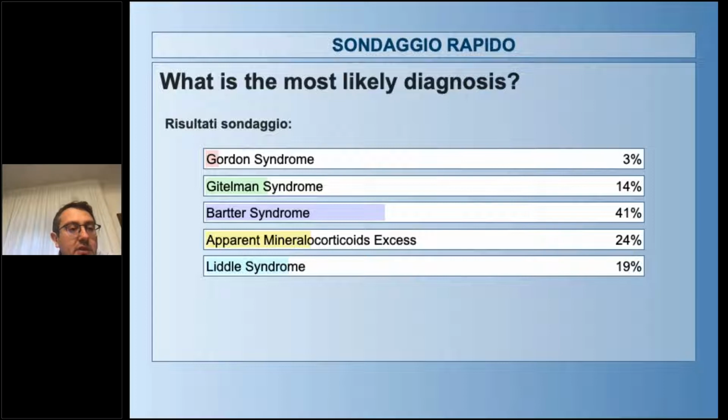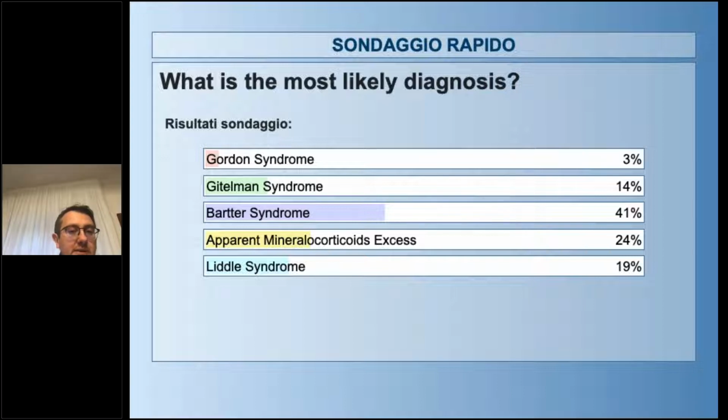Okay, the majority of you is for Bartter syndrome or apparent mineralocorticoid excess or Liddle syndrome. These all three are associated with hypokalemia and metabolic alkalosis. Also the Gitelman syndrome, of course, but usually Gitelman syndrome and Liddle syndrome are diagnosed in the second and third decade of life.